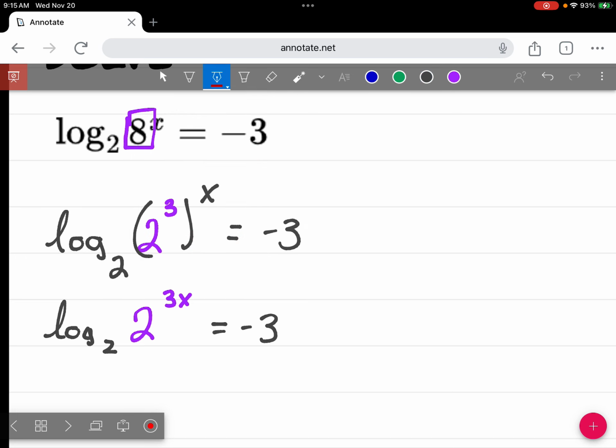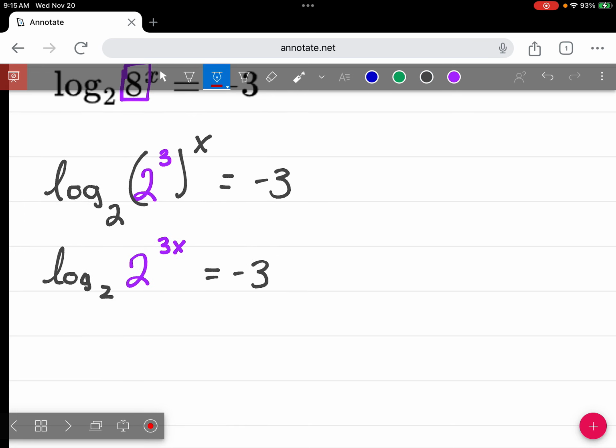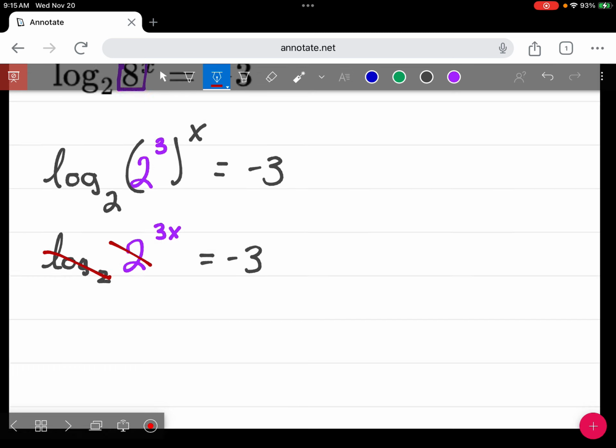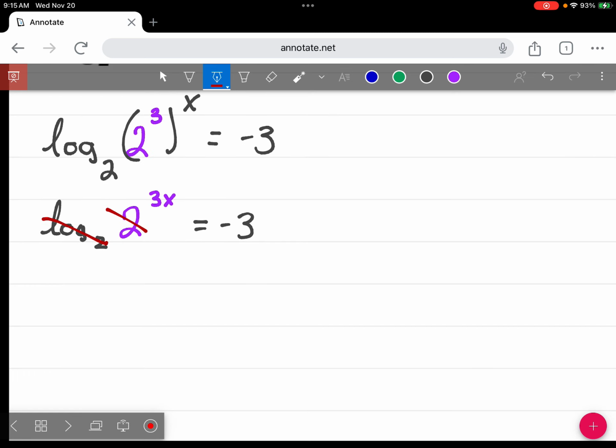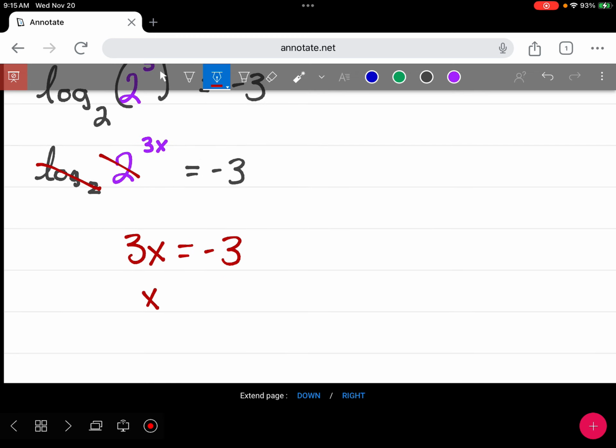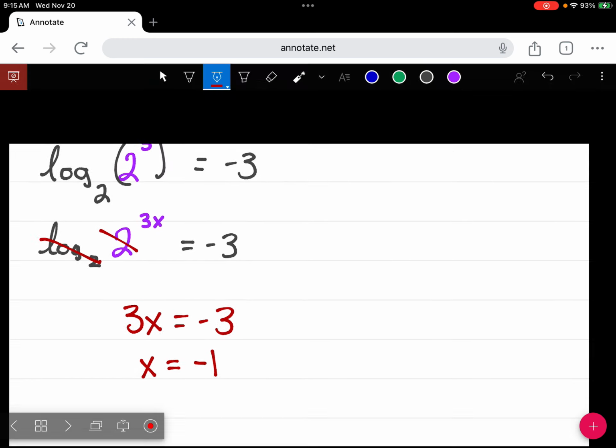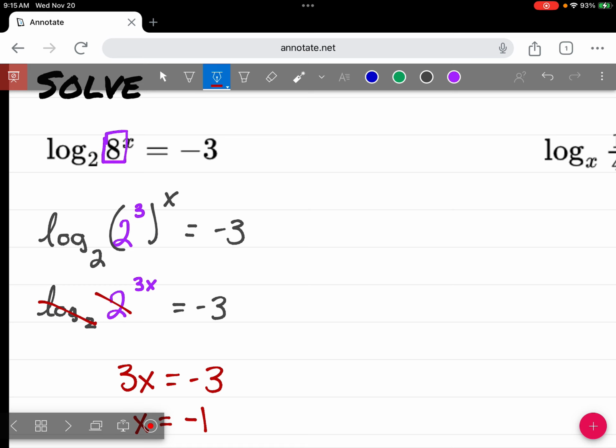We like to put them as the same base because now what happens? My log base 2 and my base of 2 cancel out, and we're left with 3x equals -3. So what does my x equal? -1. Is that a valid thing we can have in a log?